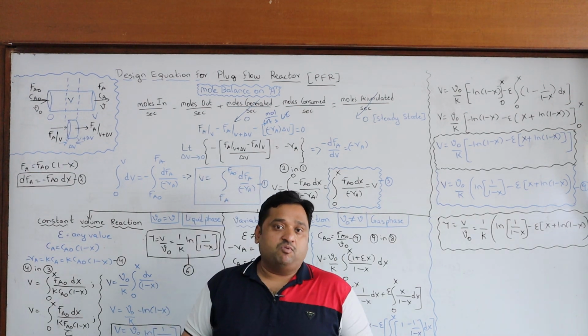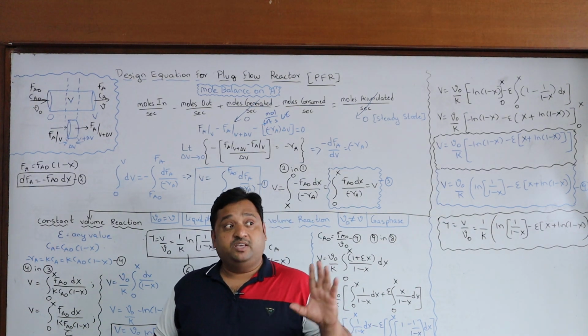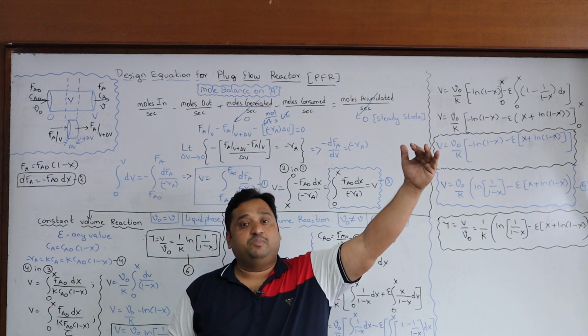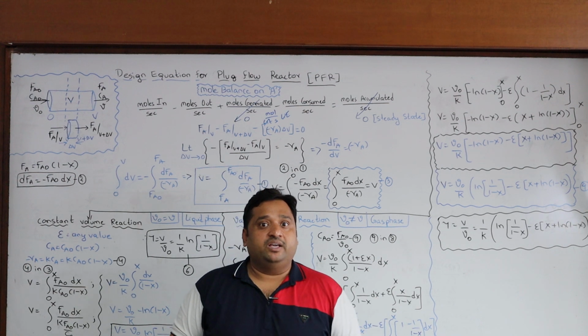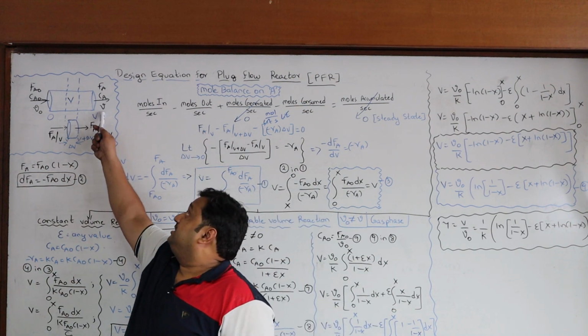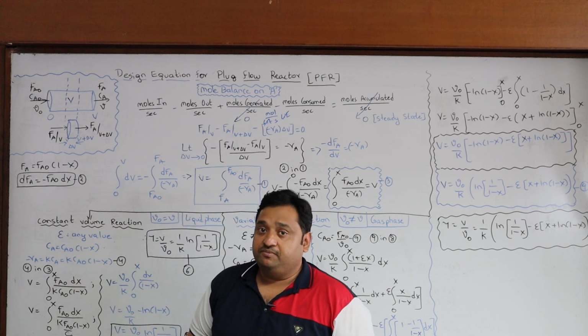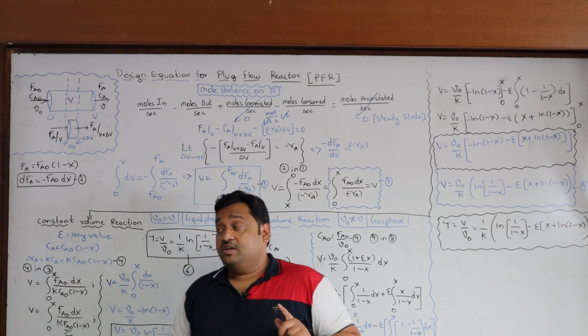As I discussed, 1 mole of A giving 1 mole of B is no issue. But 1 mole of A giving even 2 moles of B means the moles suddenly increased because of the reaction, the volume suddenly increases, and the volumetric flow rate increases. In those cases, the exit volumetric flow rate will not be equal to the initial volumetric flow rate. That typically happens with gas phase reactions.